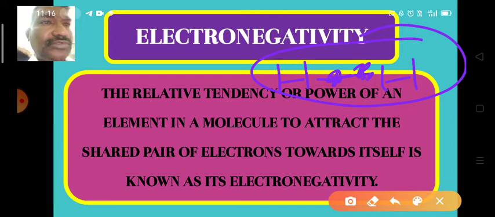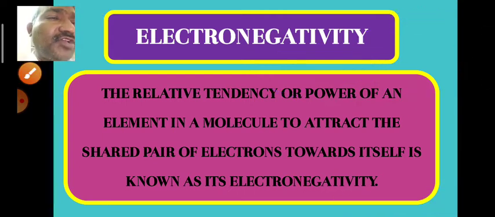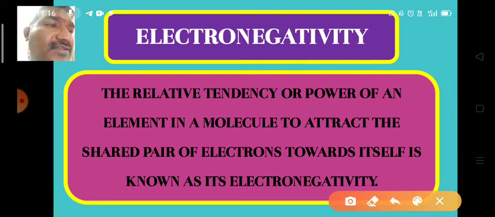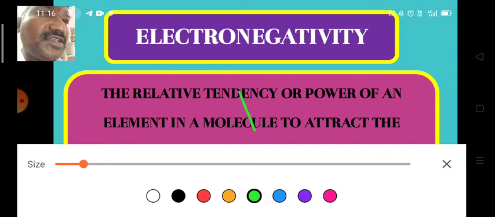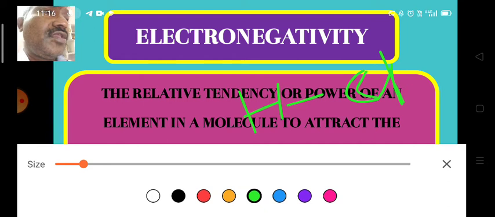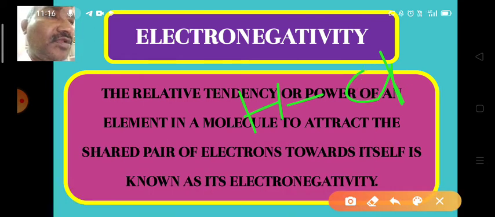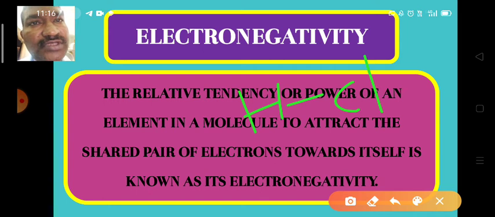But whenever we consider HCl, for example, we take HCl or HF. Here, atomic number of chlorine is 17, and atomic number of hydrogen is 1. And effective nuclear charge of the chlorine is very high compared to the hydrogen.